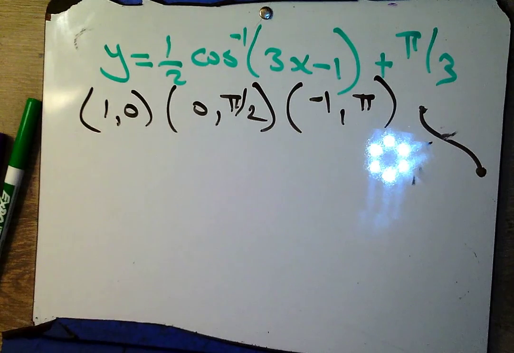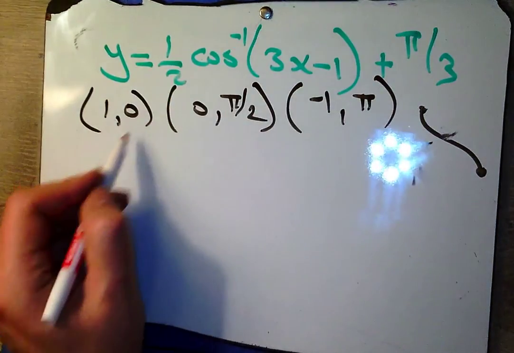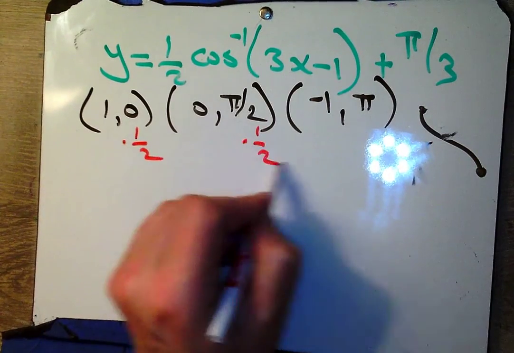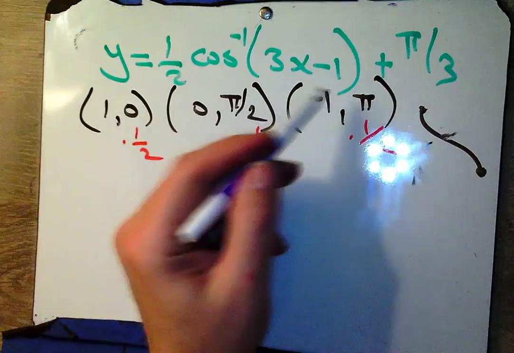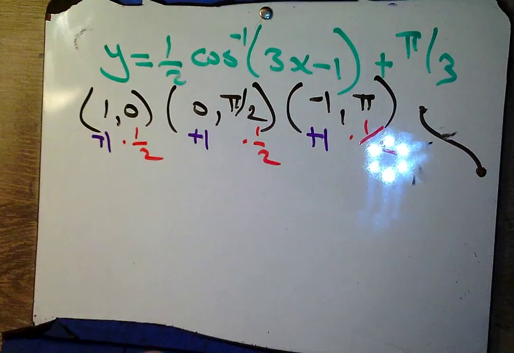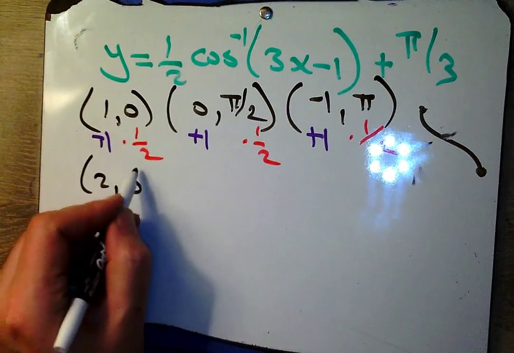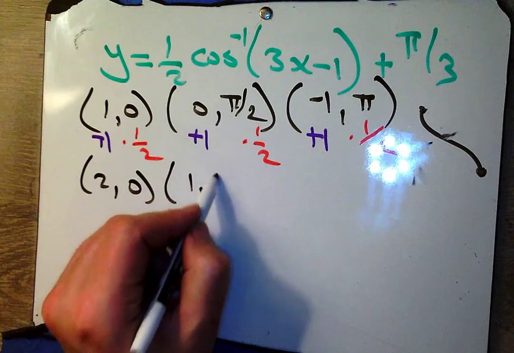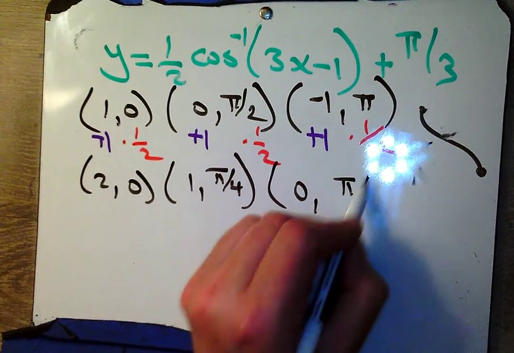Well, I'm going to multiply all the y's by 1/2 and simultaneously add 1 to all the x's. So that brings me to 2, 0, 1, pi over 4, and 0, pi over 2.